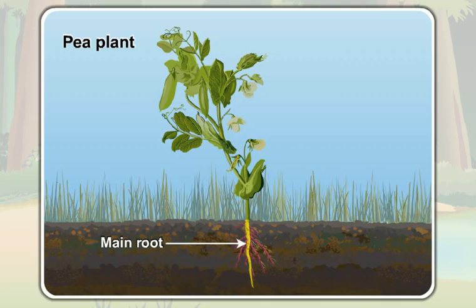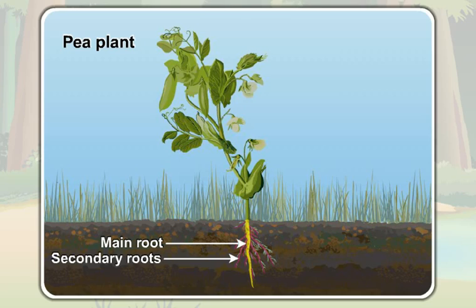We can see many branches growing out of it. They are thinner than the main root, aren't they? Thin roots growing out of the main root are known as side roots. Side roots are also known as secondary roots.